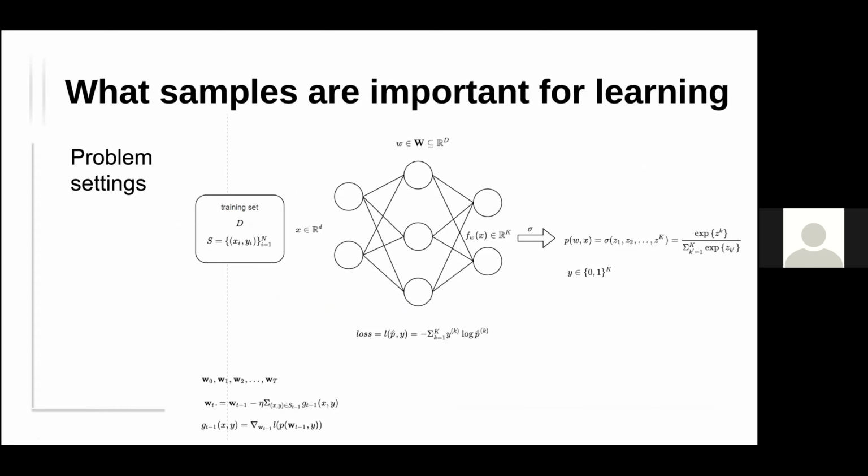The subscript of W is the epoch number, not a particular weight, right? Yeah, WT is the weight from epoch t.